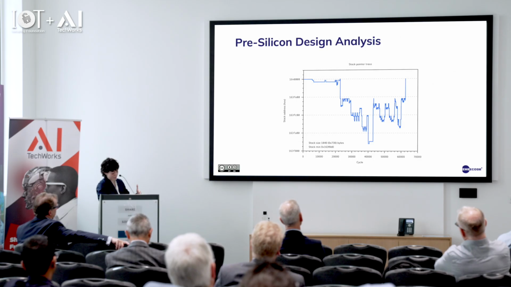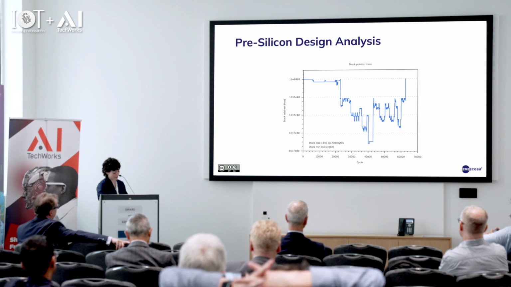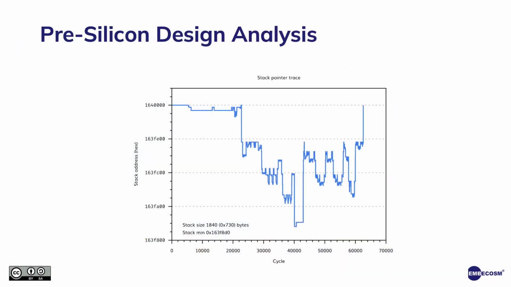So this pre-silicon model gives us really good analytic capabilities because the model is cycle accurate. We can get a cycle-by-cycle trace of the entire processor state. So here you can see, for example, we have the stack trace, the stack pointer trace, while running the model.